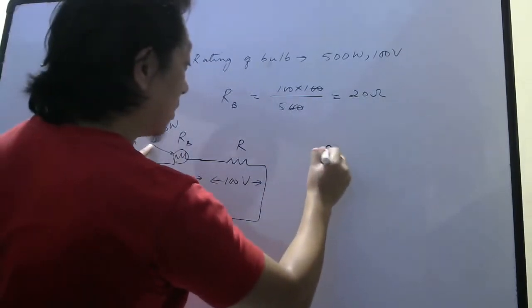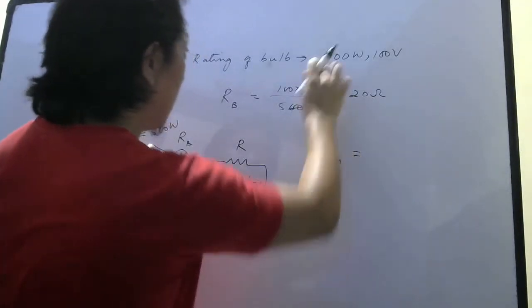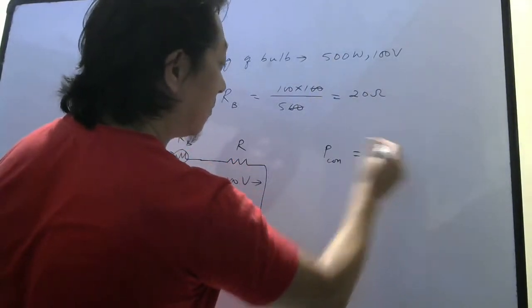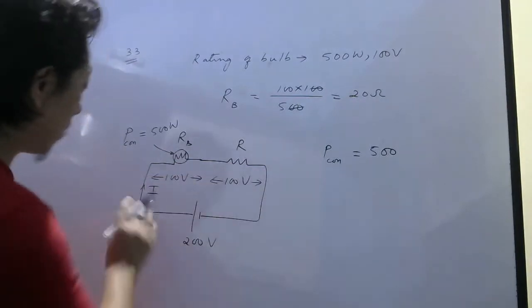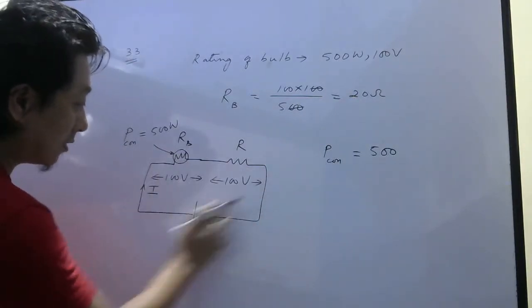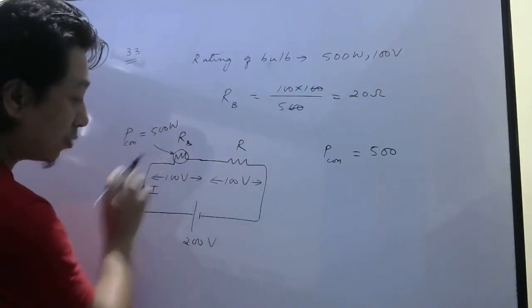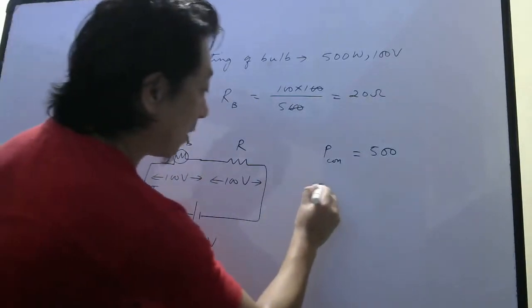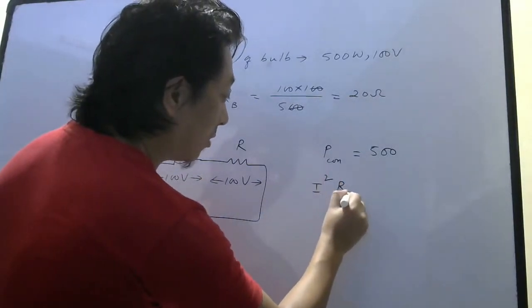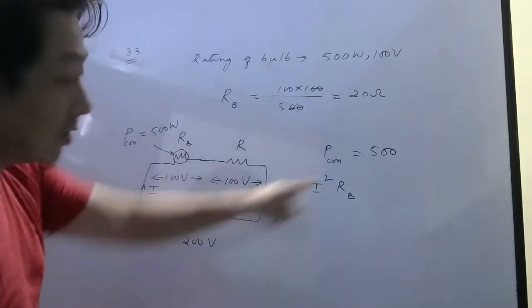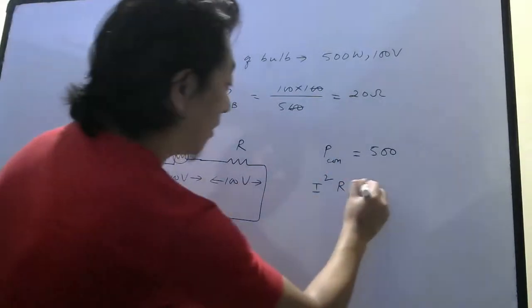So power consumed is same as rated power in this problem. So 500. Now since I want the current, and you know current in series will be same everywhere, and here how much current is flowing? I. So I can write this power consumed I square into resistance of the bulb, because this is power consumed by bulb, equals 500.